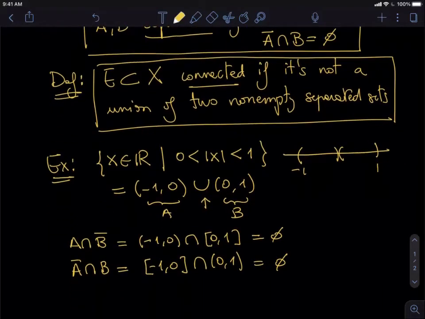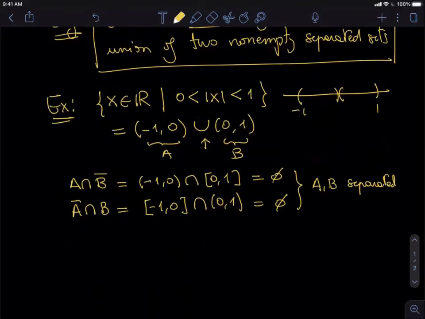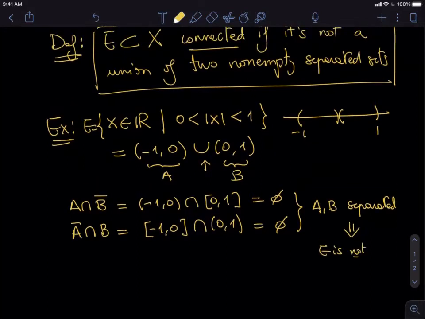So according to the definition, A and B are separated, and therefore the original set, let's call it E, is not connected.